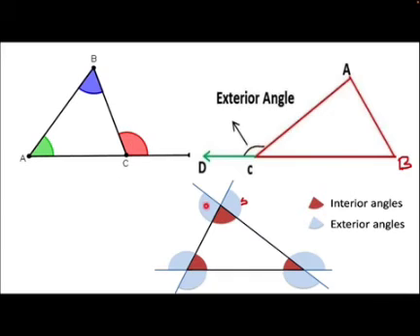Likewise, you can see all the blue angles are exterior. So you can extend the side not only one way but in any side, and whatever it is, the property holds good that the exterior angle will be equal to the sum of opposite interior angles. Okay, so this is the extension of the property. You can see and figure it out.